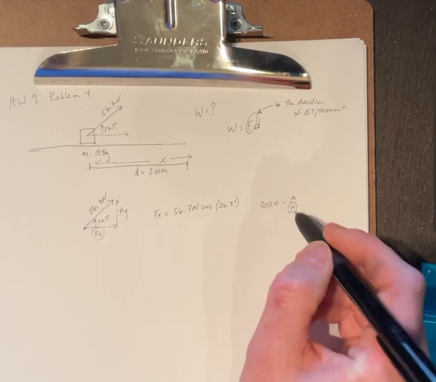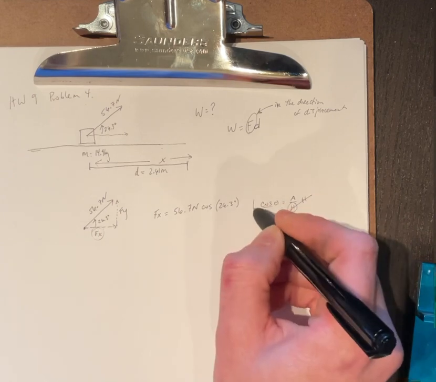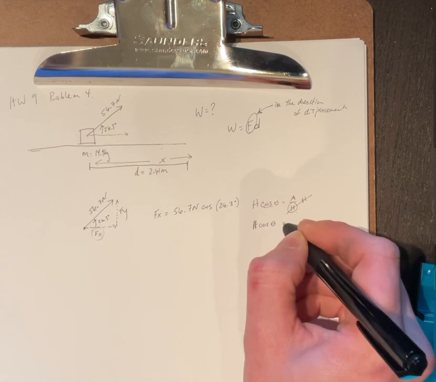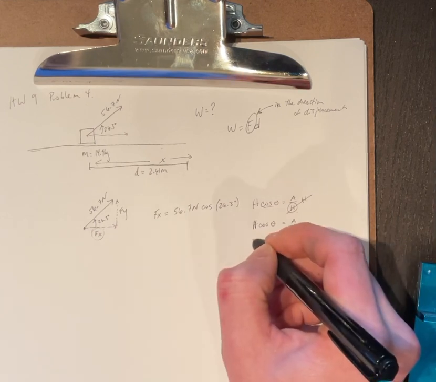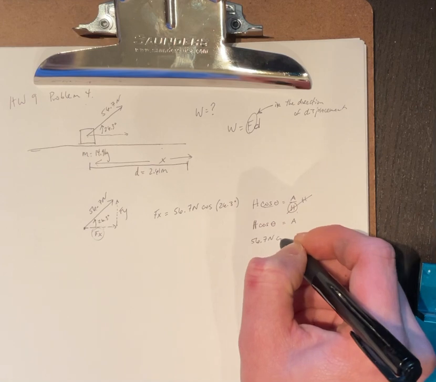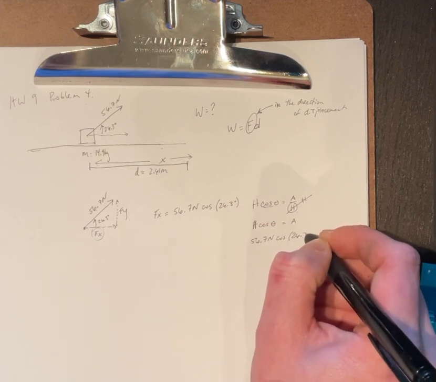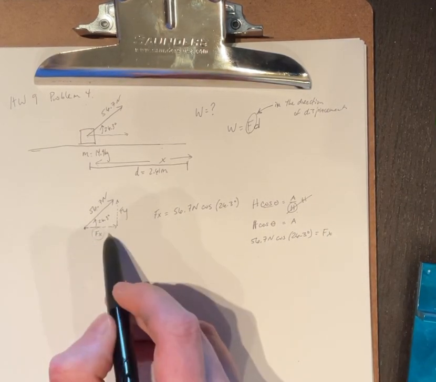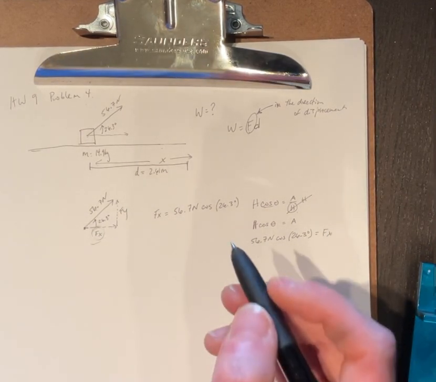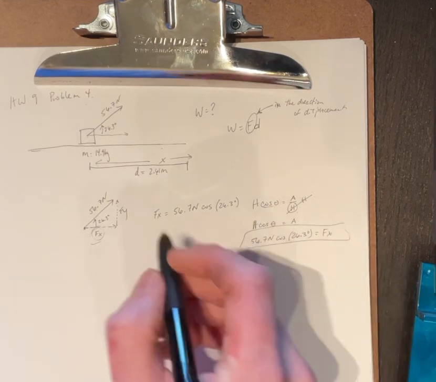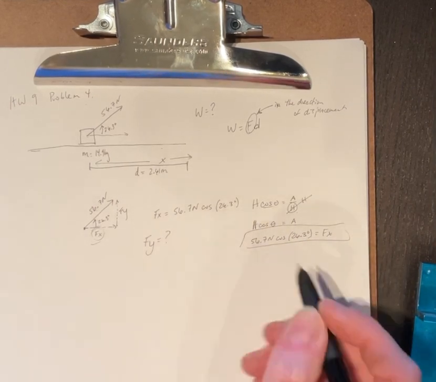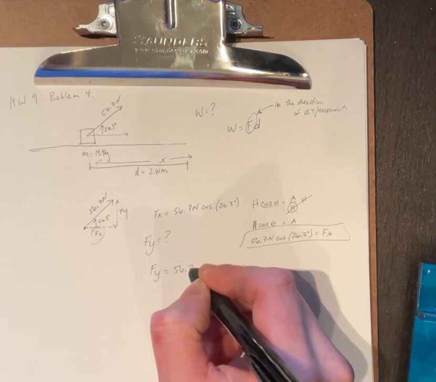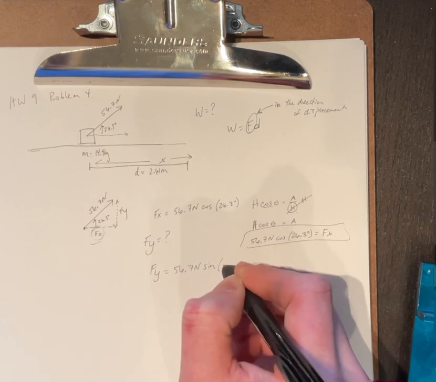So if we multiply both sides by the hypotenuse, we get hypotenuse times cosine theta is equal to adjacent, which is 56.7 newtons times cosine of 26.3 degrees, equal to this component here, okay? And so that is our F of x. What is our F of y? Well, F of y is just 56.7 newtons times the sine of theta.